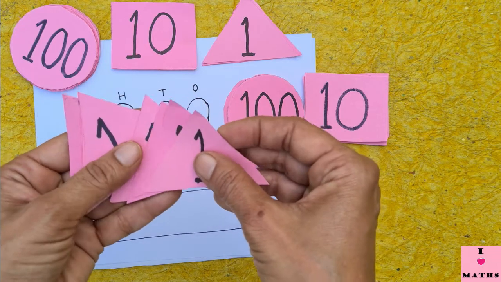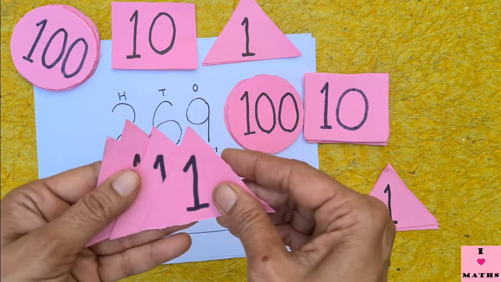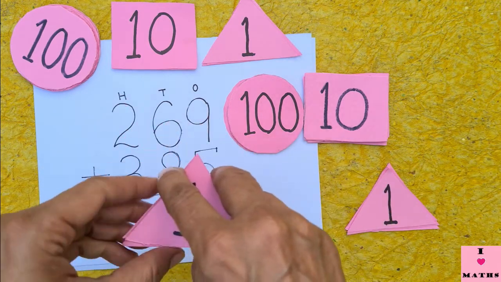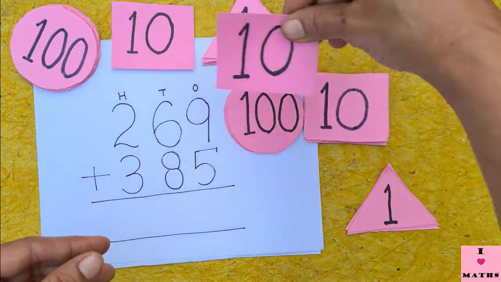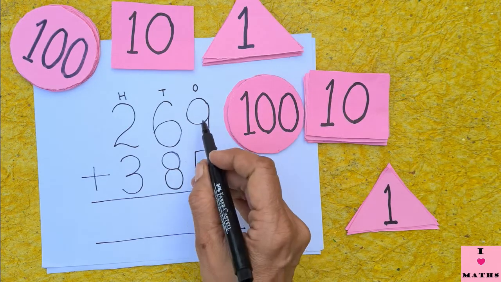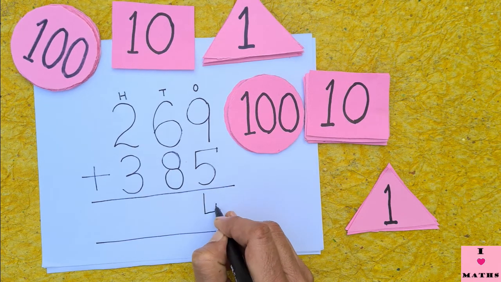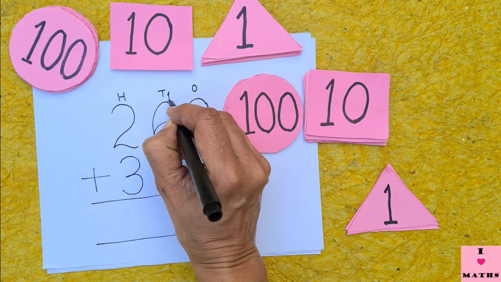So we will keep these 4 cards with us, and these 10 cards we will exchange in place of 1 ten. So we will keep it here and we will take 1 ten and keep it here. So it means 9 plus 5 is 14. 4 ones will come here and 1 ten will be the carryover.